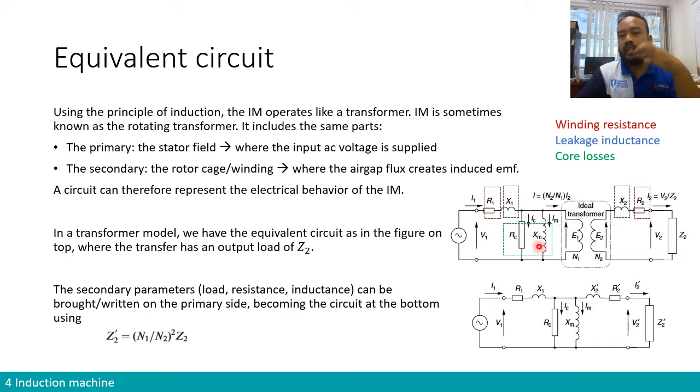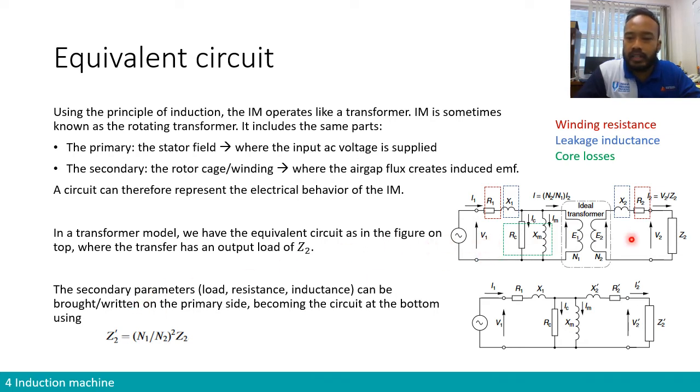So that is the nature of material. If you have an AC current in it, it will create what we call as eddy current and what we call as hysteresis losses. So it's related to the material characteristic of the core material. So the core of your machine, if you have an AC current through it, there is this kind of losses. So this is quantified by the RC and XM of the magnetizing circuit.